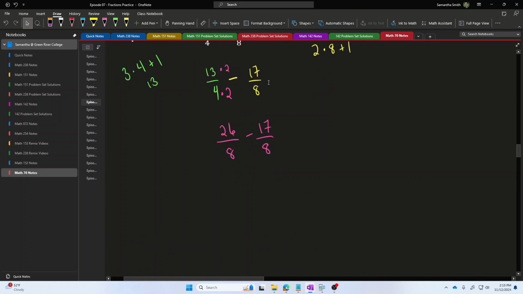And if I do that, it changes the first fraction into 26/8. And then I take 26/8 and I remove 17/8. And 26 remove 17 gives me 9 left over, 9 slices of size 1/8.